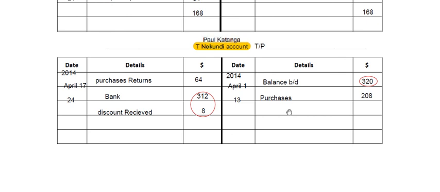So the balance carried down in this guy's account is, on 30th of April you still owe this guy $144. So balance c/d for this guy is 144. Now we'll get the total on both sides, which is 528. So both sides add up to 528.